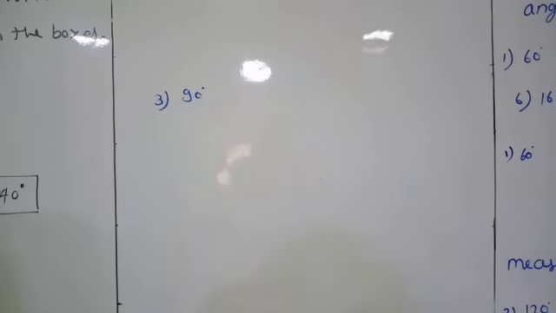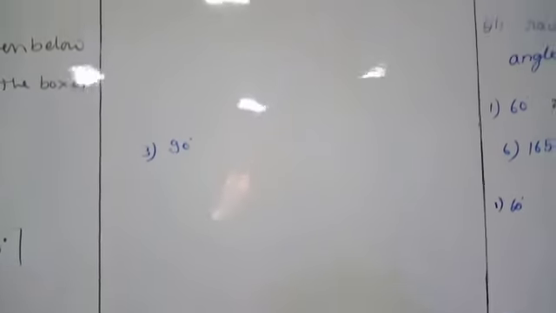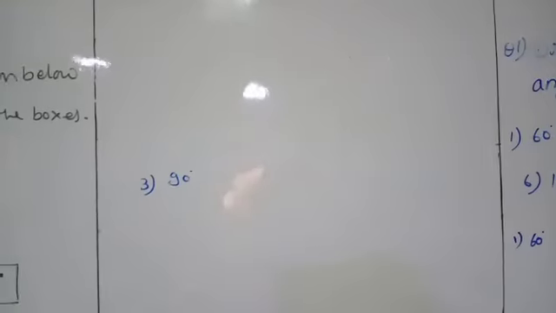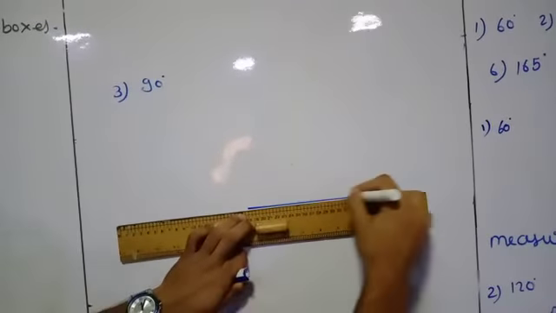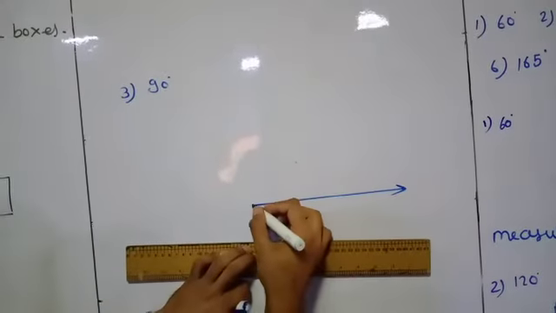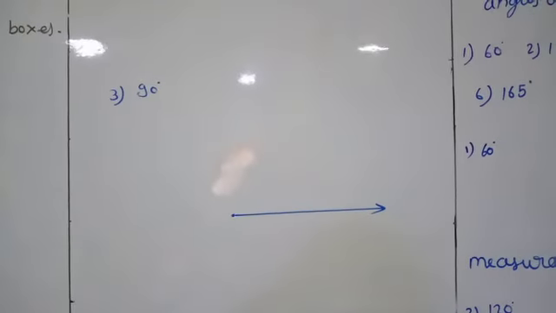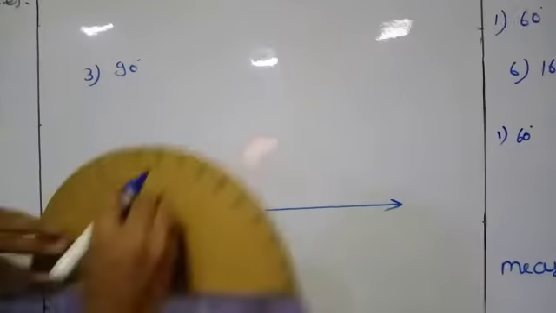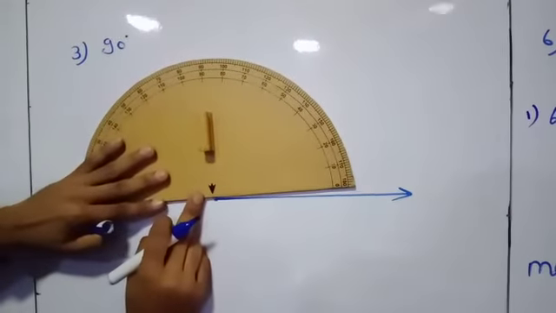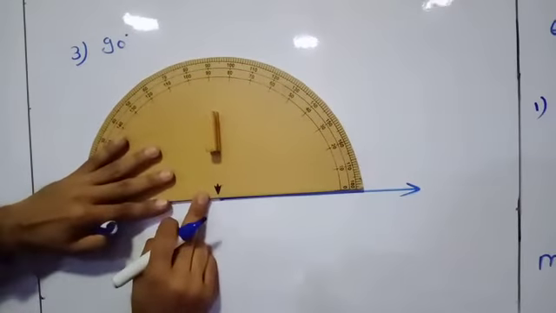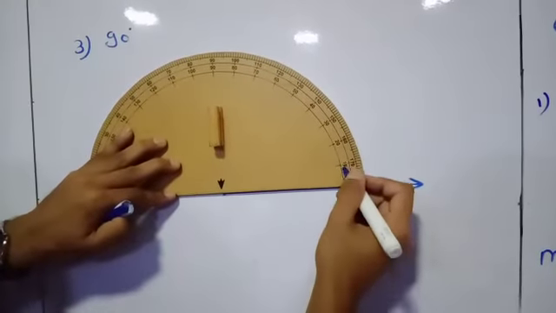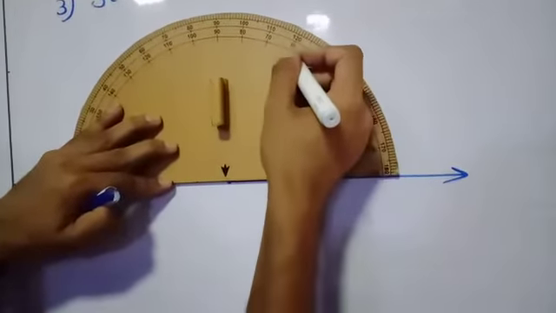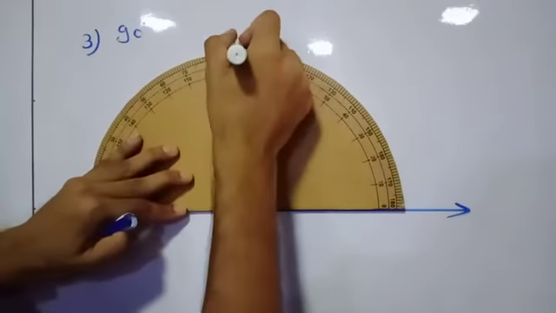90 degree. Again we are going to use scale and draw one arm. So now we are going to use protractor, keep the arrow on vertex and cover the arm with the protractor, and start from here only: 0, 10, 20, 30, 40, 50, 60, 70, 80, 90.